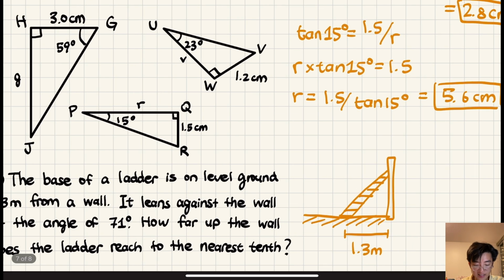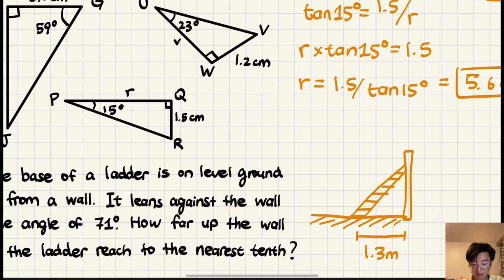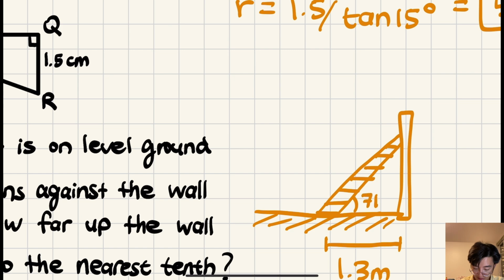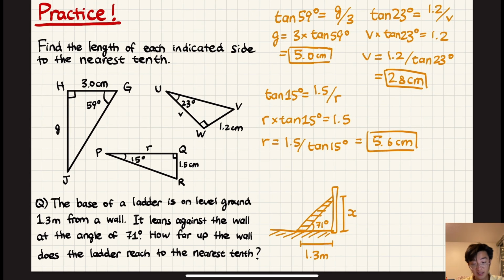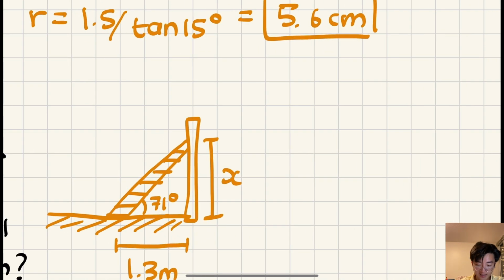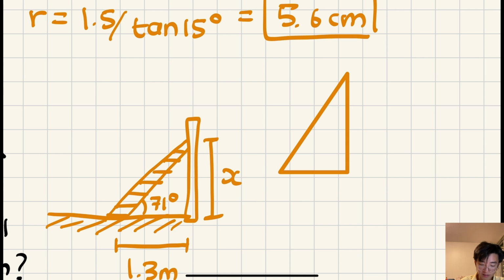And it says that it leans against the wall at an angle of 71 degrees, so this angle right here is 71 degrees. We want to find out how far up the wall this ladder reaches. So this is our diagram. And as a triangle, it will look something like this. So 1.3 here, 71 degrees here.